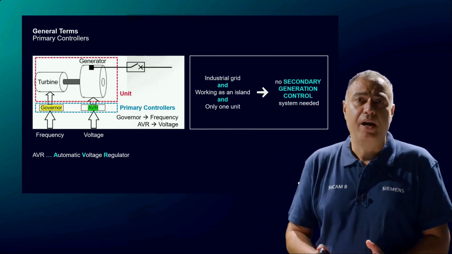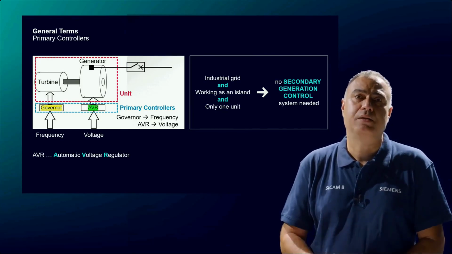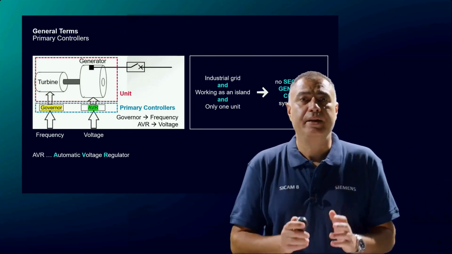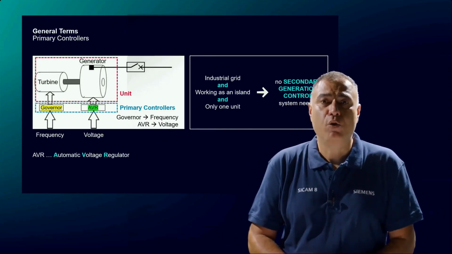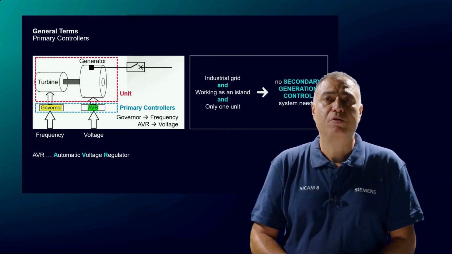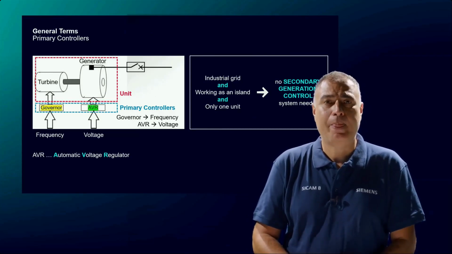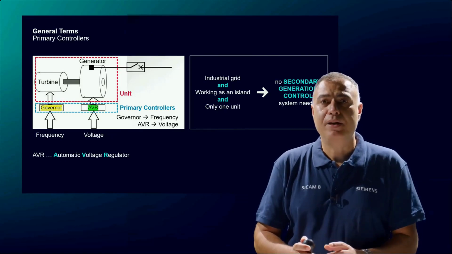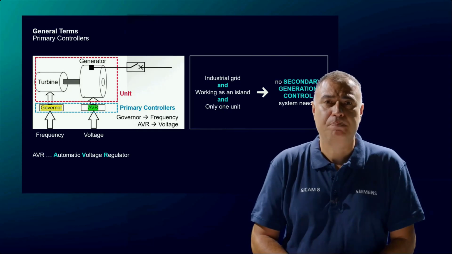The AVR is responsible for controlling the excitation current of the generators. In an island grid, the AVR can regulate the voltage at the terminals of the generator by changing the excitation current. Both governor and AVR are called primary controllers.